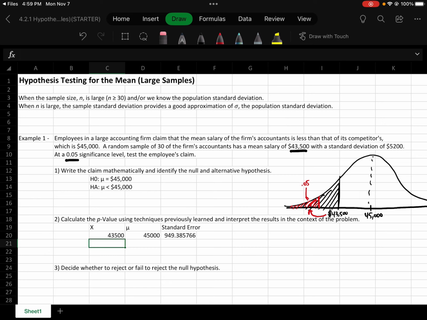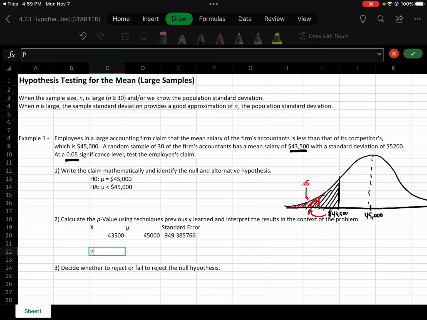So let's calculate the probability that a sample of 30 people would have a mean that's less than $43,500.